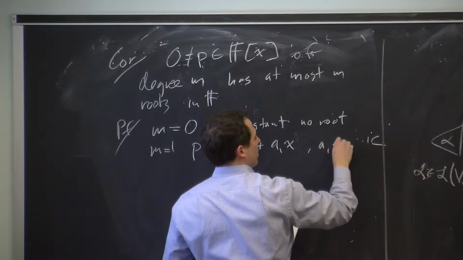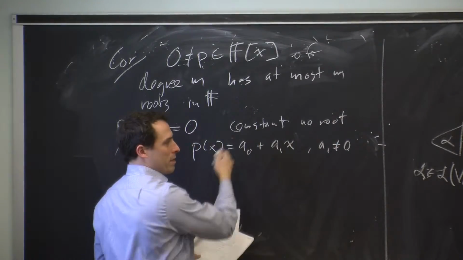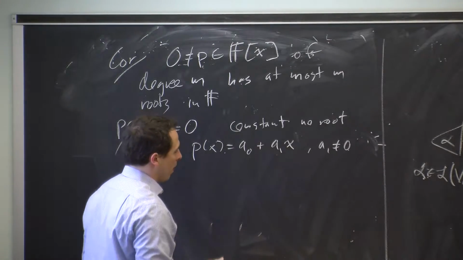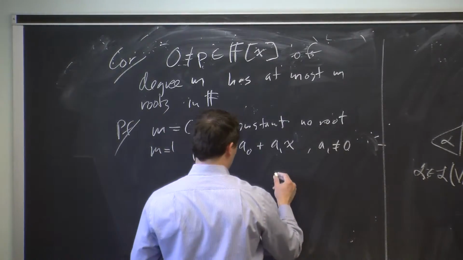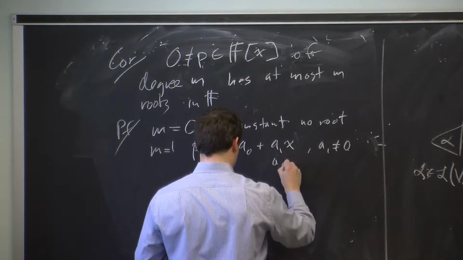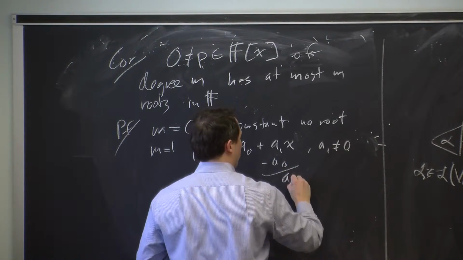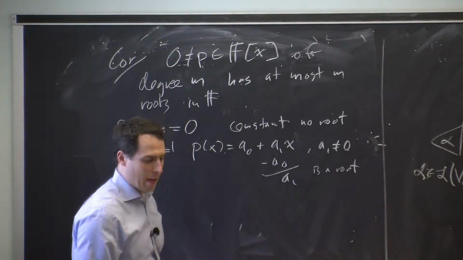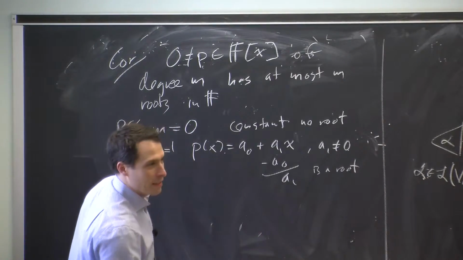And this coefficient is not 0, otherwise its degree would be 0 or lower. This is the highest non-zero coefficient. And so minus a0 over a1 is a root. It's legal to divide by a1 because we assumed it's non-zero by saying the degree was 1.